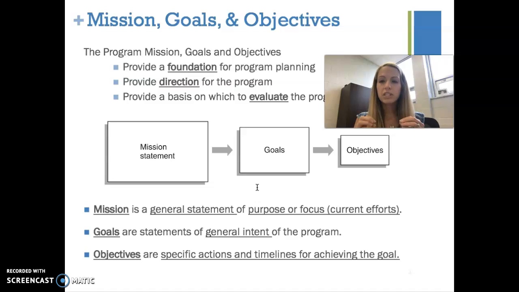So what's feasible for our program to achieve, right? This is our goal. And then we have objectives that help meet our goal. So these are specific action items and timelines for achieving our goal. These are broken down into much smaller, bite-sized pieces to help us meet our goal for our program.